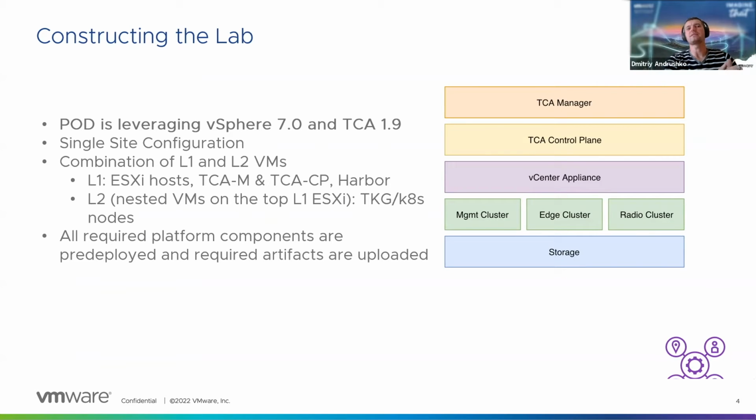The first layer is the infrastructure used for this lab, namely the ESXi host, TCA components, and supporting VMs like Harbor. Then during the cluster deployment, we have an additional level of nesting where we run our Kubernetes clusters. The good news is that all these components are pre-deployed, and you shouldn't worry about deployment and configuration. They are already available for you as is.